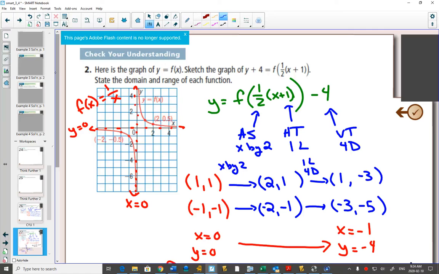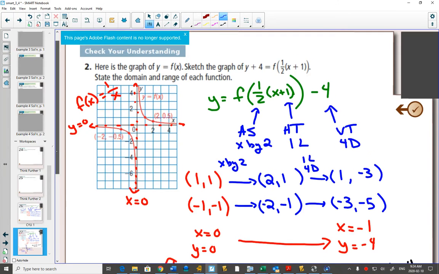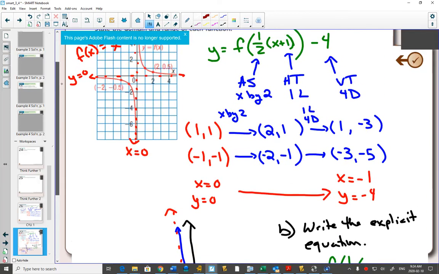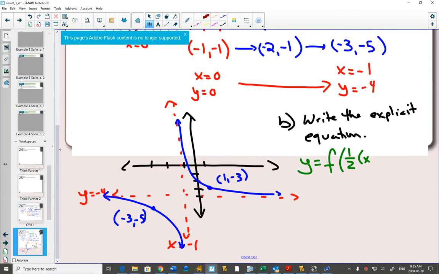And now we want to find out the explicit equation for this graph that had 1/2 x, what was it again? We wrote it out, x plus 1 minus 4.